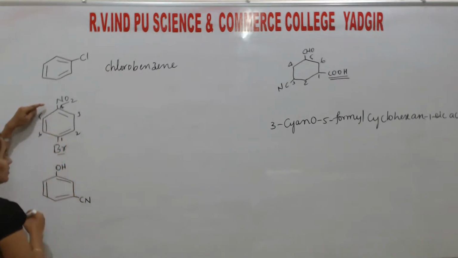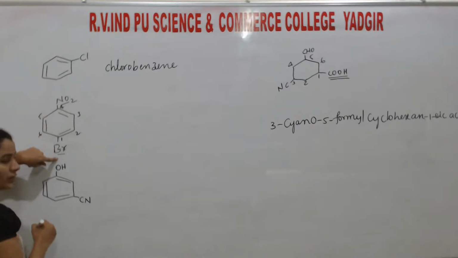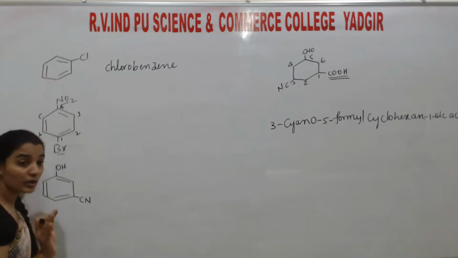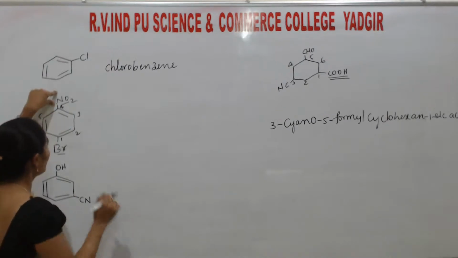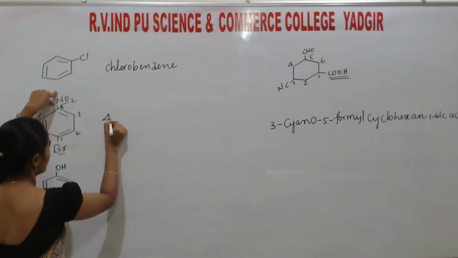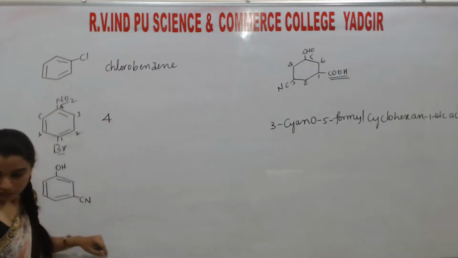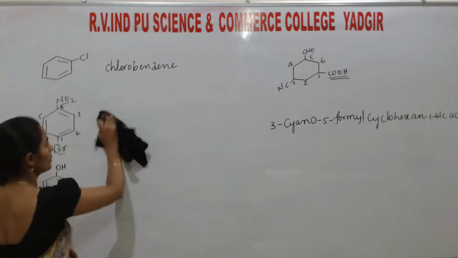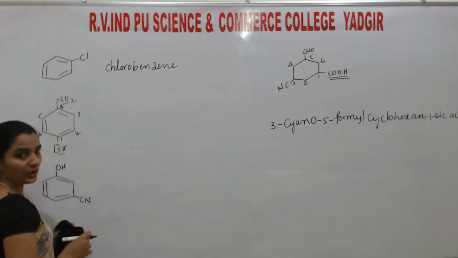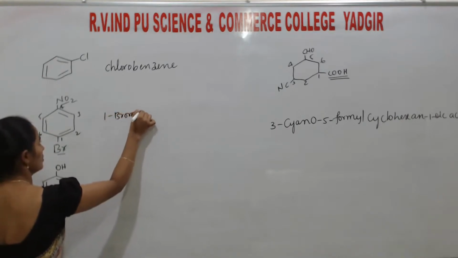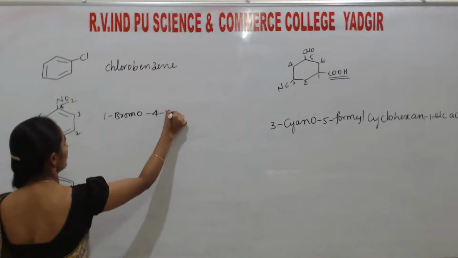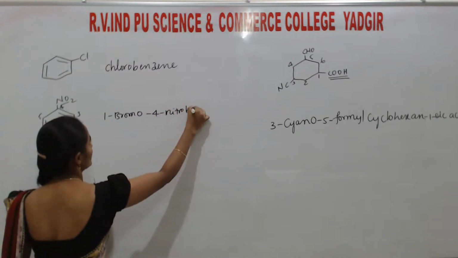So students, at the first position, Br is there, no need to write the first position. So this is 4-nitro. Which one comes first? B comes first. Right? 1-bromo, 4-nitro, benzene.